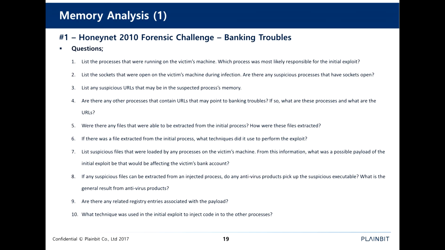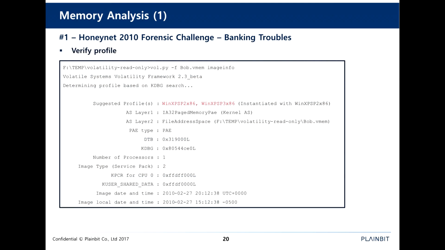Memory file analysis proceeds with the Volatility tool. The first step in analyzing the memory is to determine the source of the memory file you are trying to analyze. We need to signal to the analysis tool which operating system the memory file was obtained from.